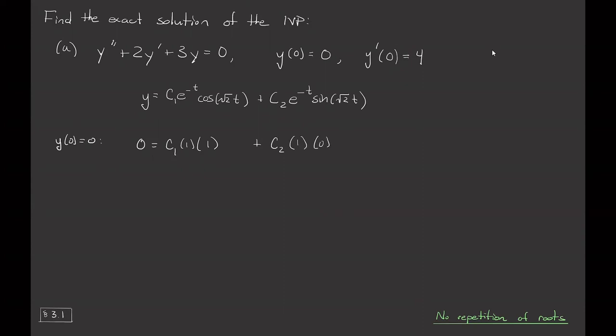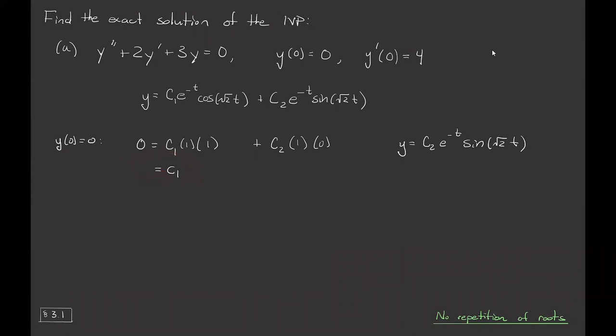So this simplifies down to C1 is equal to 0. Now based on that, y is equal to C2 e to the negative t sine of square root of 2t. Now, it won't always be the case that one of your parameters is 0, but it can be.